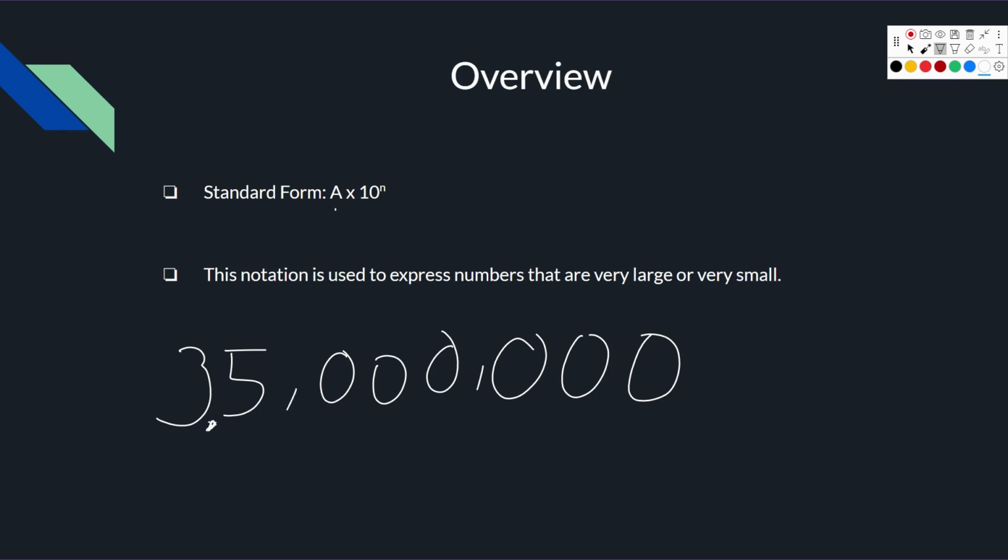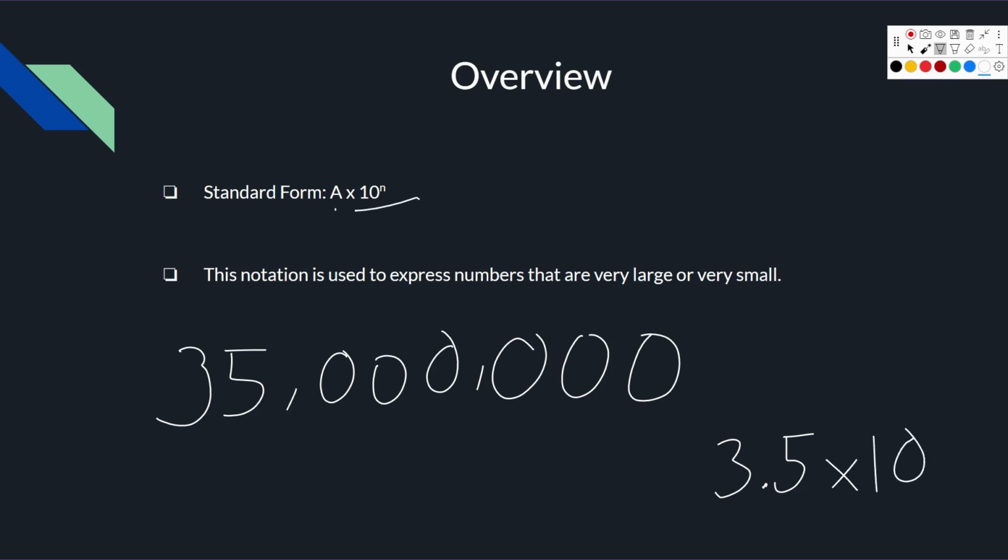So it's basically after the first significant number, which is 3 in this case. So we're going to have 3.5, and we're going to multiply that by 10, as the formula states, to the power of.